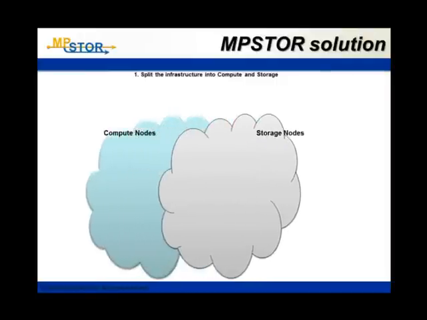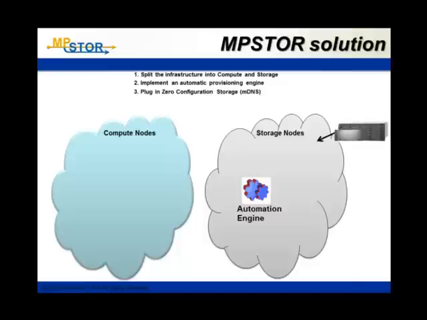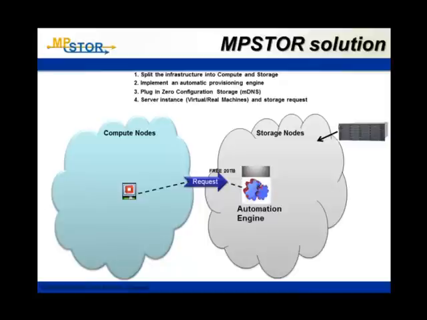So the solution consists of splitting the infrastructure into compute nodes and storage nodes, implementing an automation engine sitting on top of the storage nodes. That automation engine's role is to collect any storage that you add to the system completely automatically. The compute nodes can then make a request for storage.